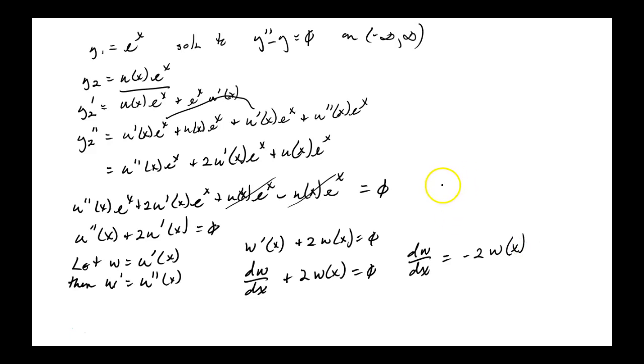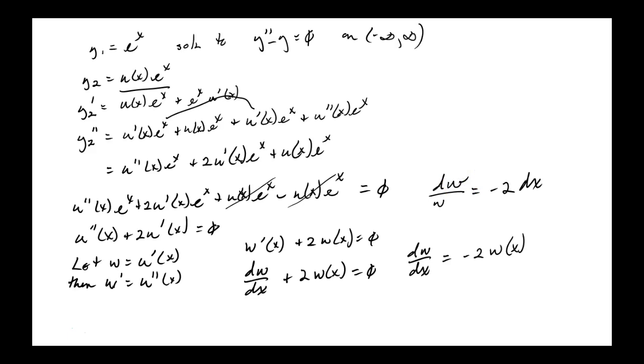Now let's do dw over w is equal to minus 2 dx. Did you swap the dx with the w of x? Yeah, that's sort of what we did.